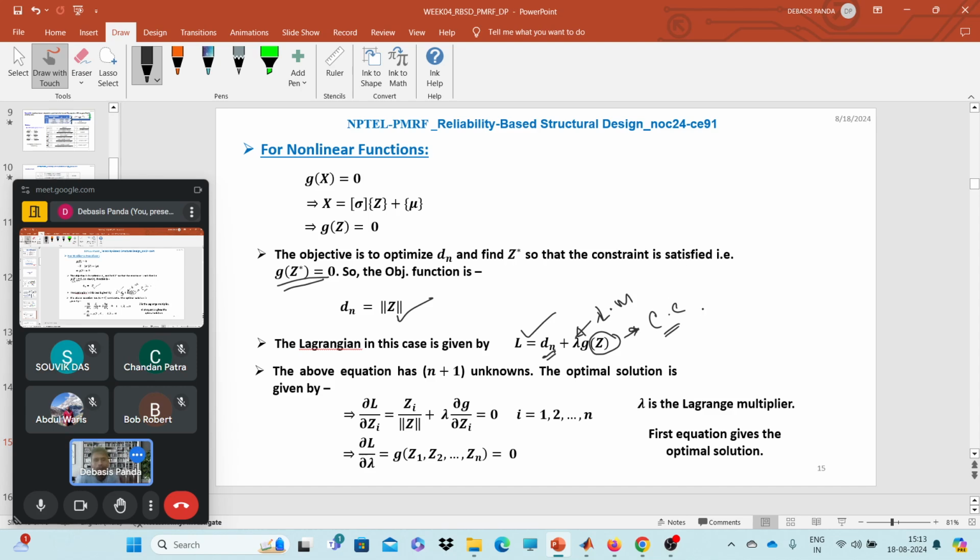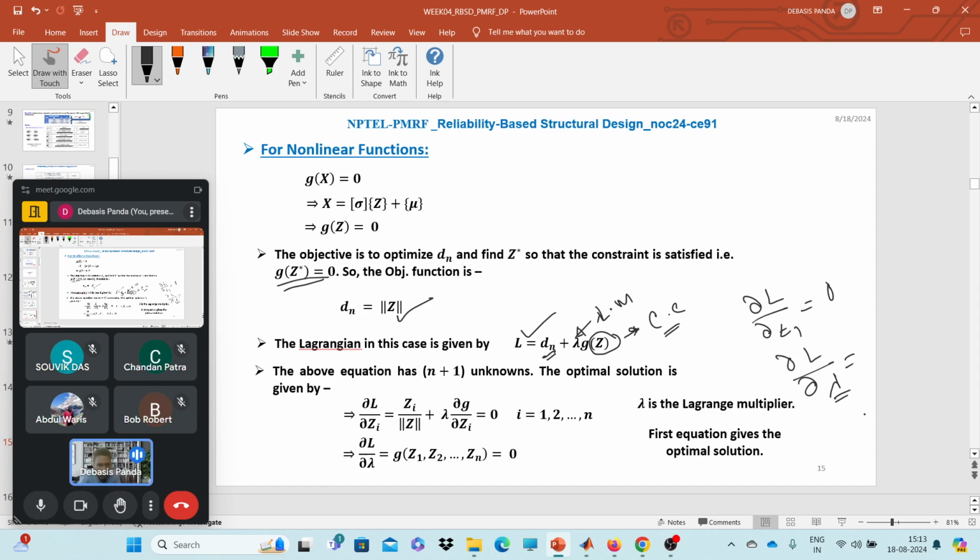Now, recall the Lagrange multiplier technique. First we differentiate the Lagrangian function with respect to the unknown variables and equate to 0. And for the constraint condition, we differentiate the Lagrangian function with respect to the Lagrange multiplier, which will ultimately give you the constraint condition.